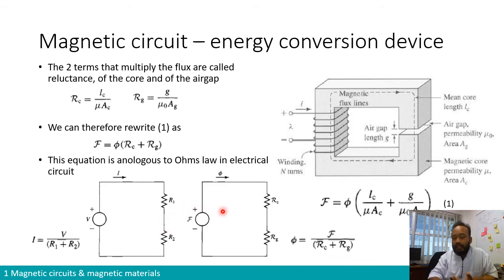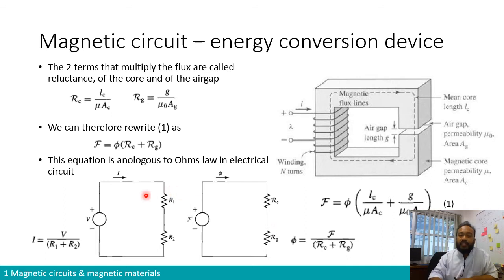We can make a circuit that uses the same symbolic components of an electrical circuit, but representing magnetic, not electrical, behavior. So instead of voltage, you have magnetomotive force, MMF. Instead of current, it is flux, and instead of resistance, you have reluctance.